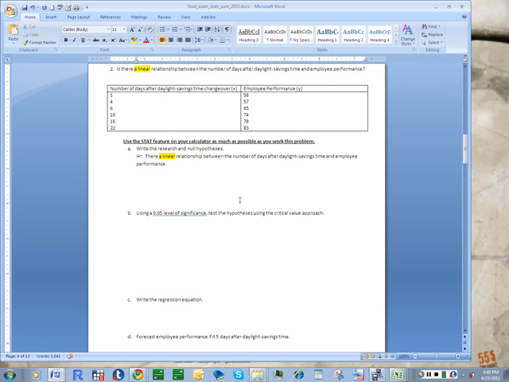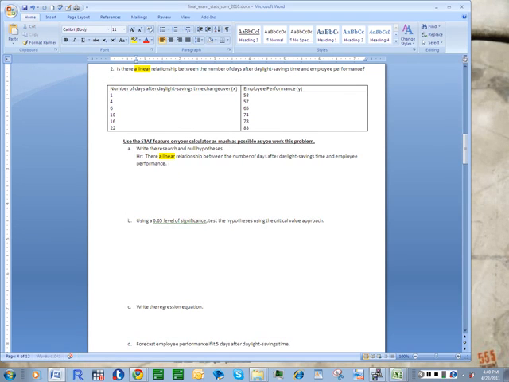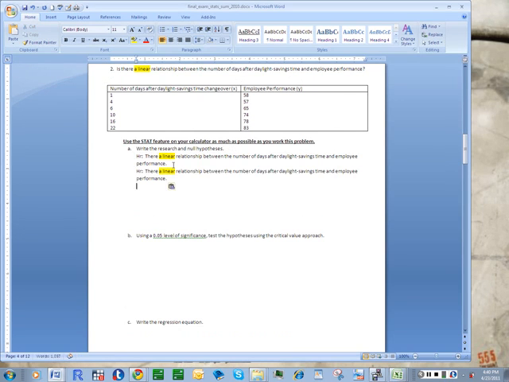There is a linear relationship between the two, and H0 is going to be, there is not a linear relationship between the number of days after daylight savings and employee performance.